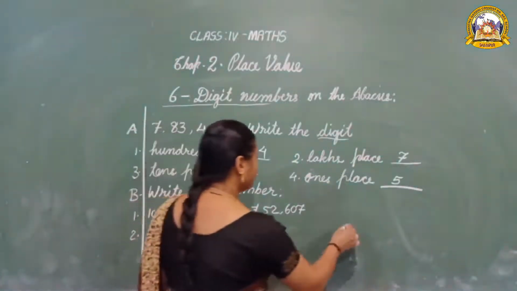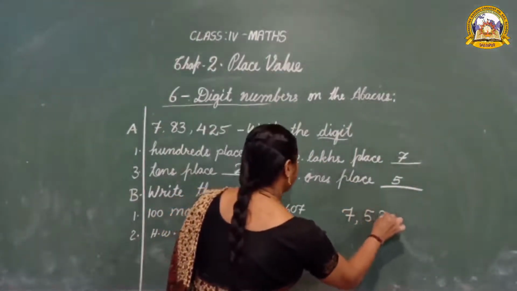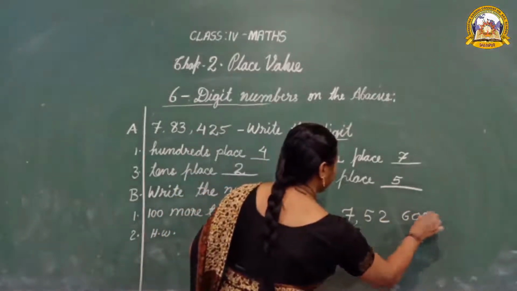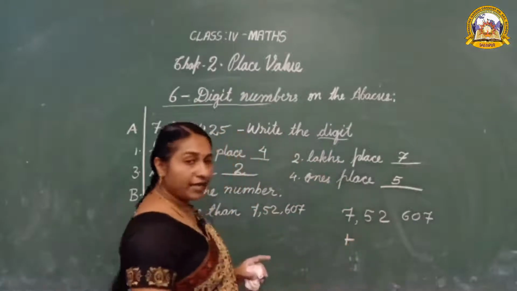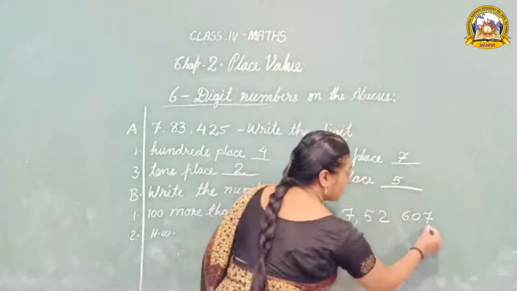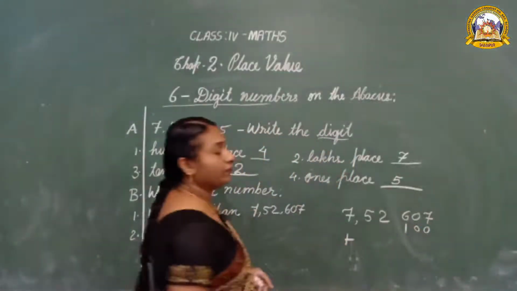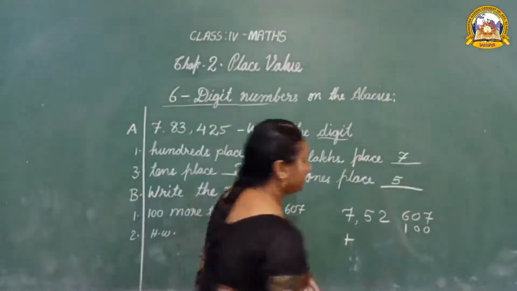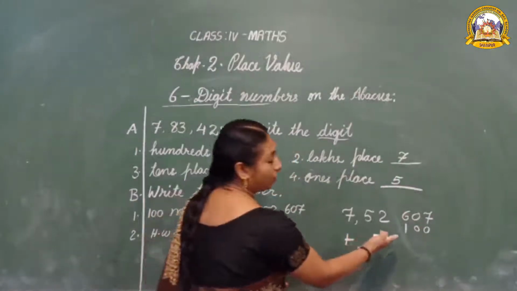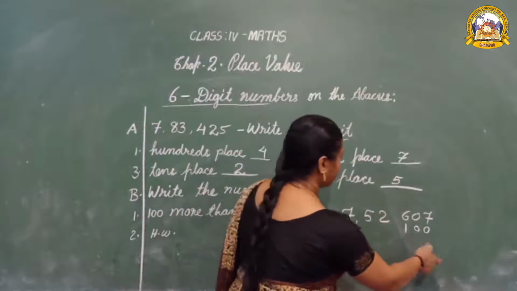Let us do 7,52,607 plus 100. Where should we write 0, 0, 1, 100? Can we write the 100 here? No. Only under the hundreds, you should write the 100.